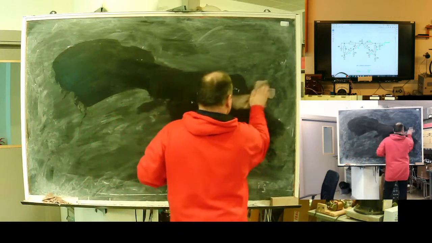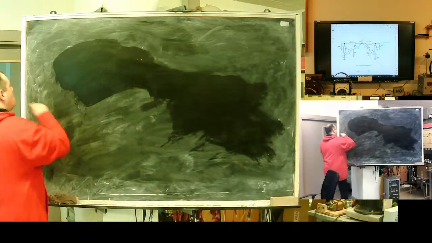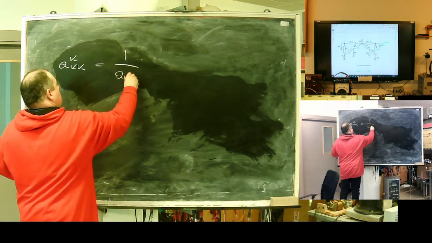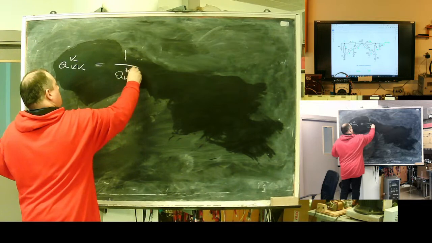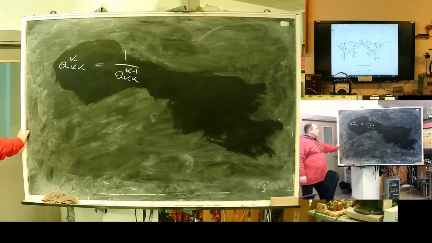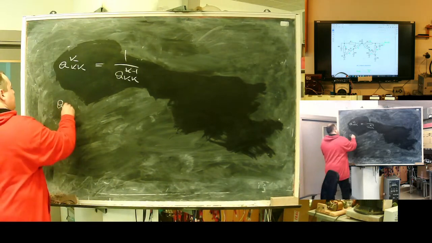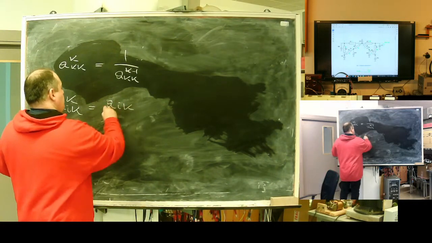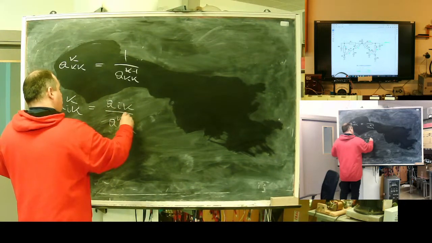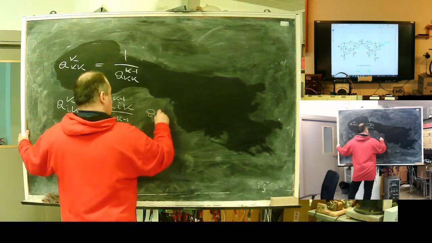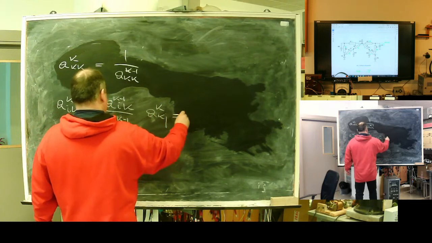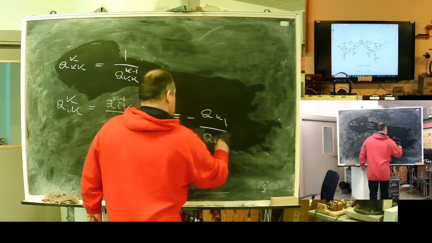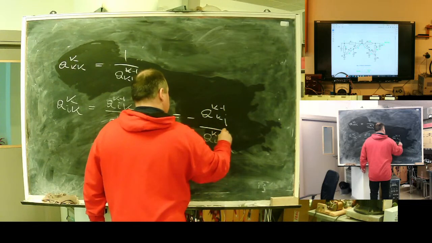For this step, the guide element is 1 over the previous a_kk. Then a_ik should be the previous a_ik divided by the previous a_kk, and a_kj should be minus r_kj divided by r_kk from the previous one.